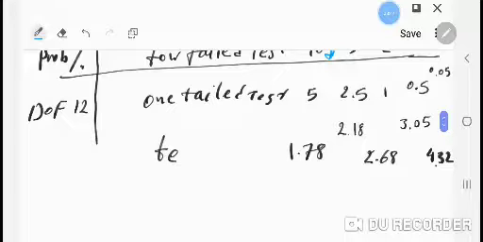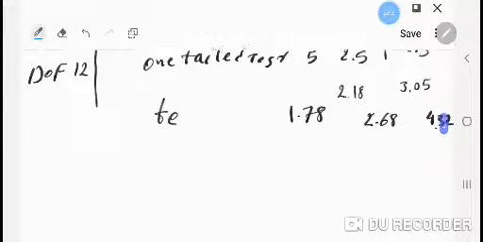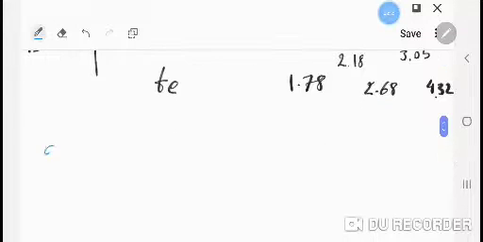If our alternative hypothesis had been that x1 bar is not equal to x2 bar, x1 bar may be greater or less than x2 bar.